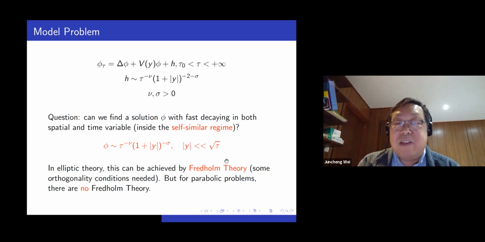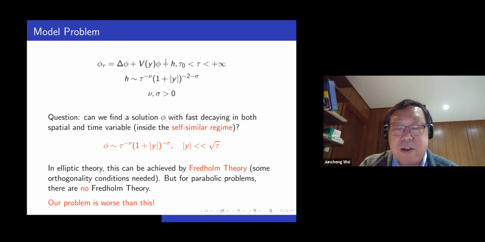Of course, then you need some kind of orthogonality condition, because this linearized operator may have a kernel, and then H will need to be orthogonal to the kernel of this elliptic problem. But for the parabolic problem, we don't have a Fredholm theory. So that's the main problem. We need to get sort of a parabolic Fredholm theory for this linear parabolic problem.